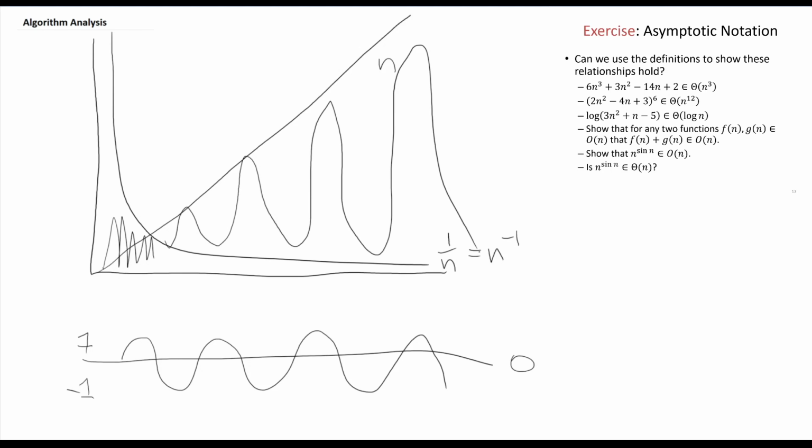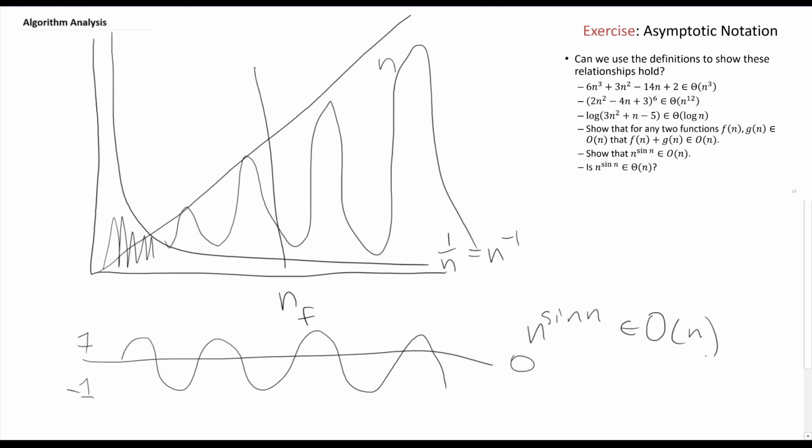One of the reasons why I'm interested in this function, and why we might be interested in it as well, is that we can show that, say, after this point here, which I just picked arbitrarily, that could be our n sub f if we like, it's actually easy to show that n to the sine n is in big O of n.